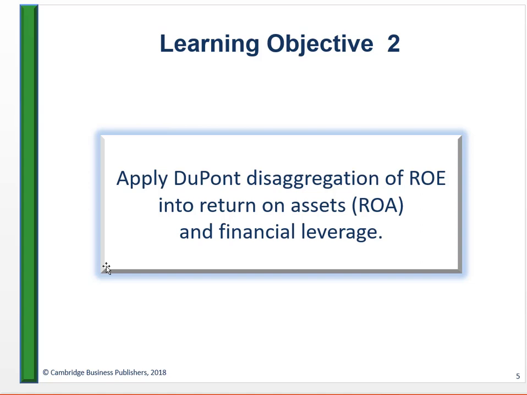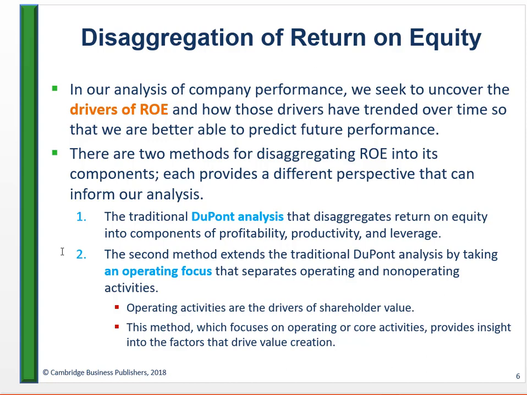Okay, now we're going to take that return on equity number and we're going to apply something called a DuPont method of disaggregation. I suspect you've probably stumbled on this before in one of your finance classes, so this may be a review. DuPont is the name of the professor that came up with this analysis, and I forget where he was stationed out of.